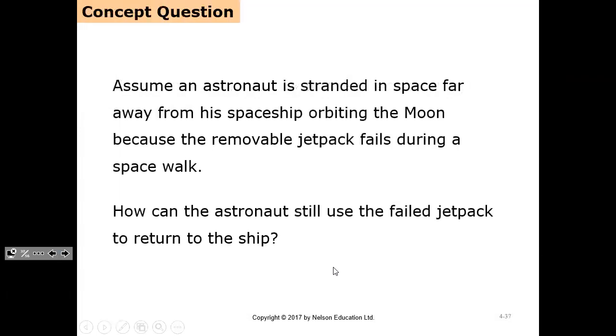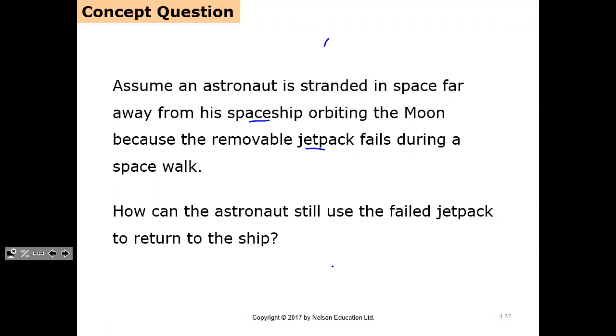So we have a concept question to see how much you understood Newton's third law. An astronaut stranded in space far away from the spaceship orbiting the moon because the removable jetpack fails during a spacewalk.